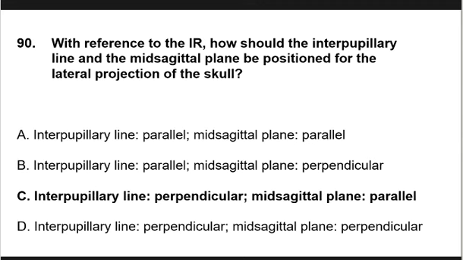So that's always the rule. If the skull is lateral, the IPL is always perpendicular and the mid-sagittal plane is always parallel. Always remember when we say IPL, interpapillary line. What is the other term for IPL?